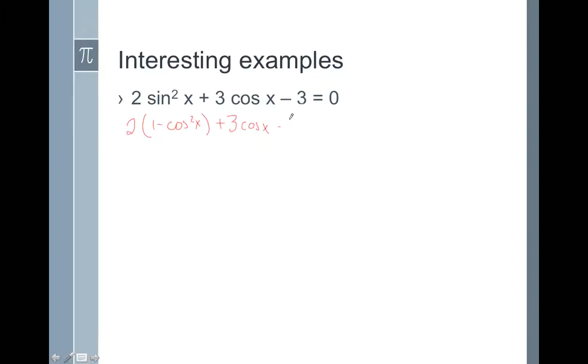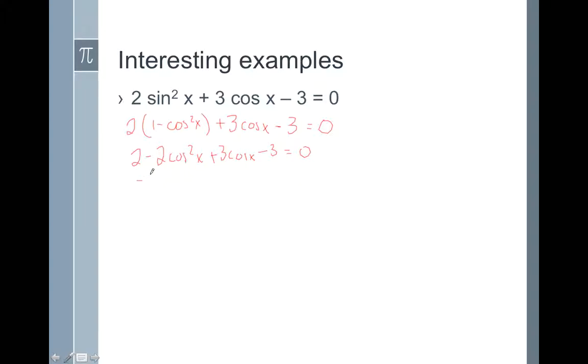So notice you will have to use some sort of identity at some point in this lesson. So I did that. I'm going to distribute the 2. I'm going to keep whatever else I had there. Then I'm going to combine like terms.